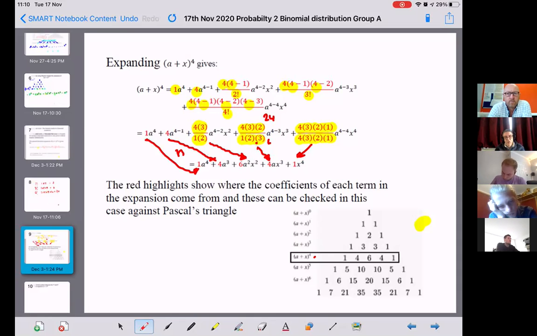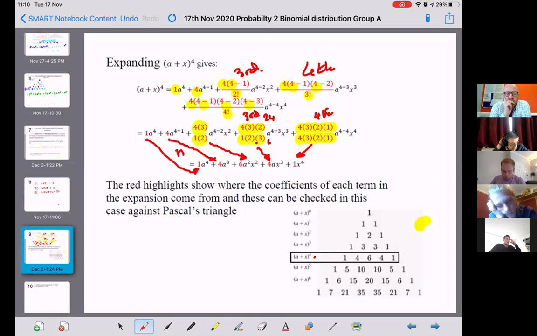So yes, the formula could get unwieldy like anything else, but if you know that you want this fourth term or this third term, you can just use that one part of the formula to find what the coefficient is if you're not interested in the others.